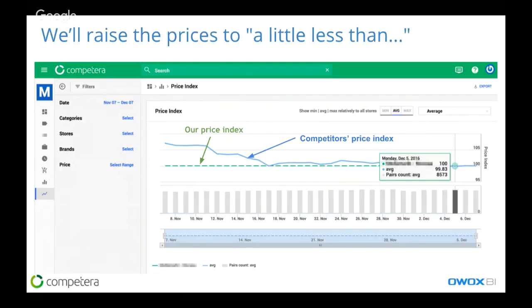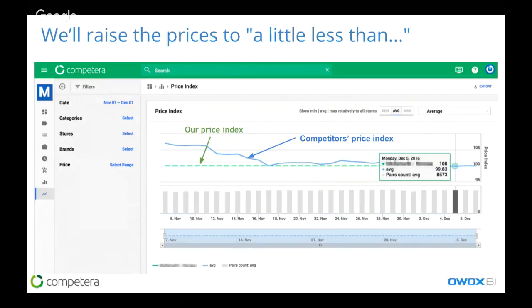And under the graph, we can also see how many products are matched, and we build this correlation strictly on the products that are directly matched with the competition. In this particular example, we can see that our prices were lower than the competitor's, and we could sell more, maintaining the same conversion rate and having more profit.